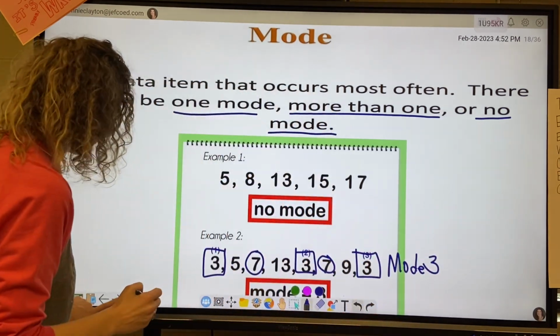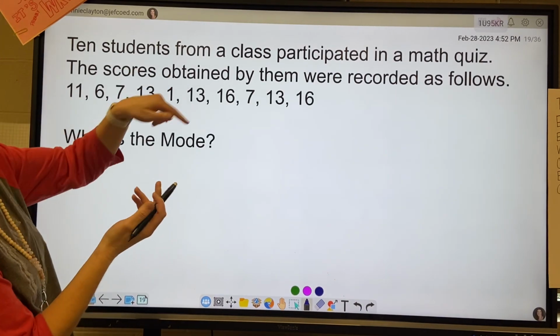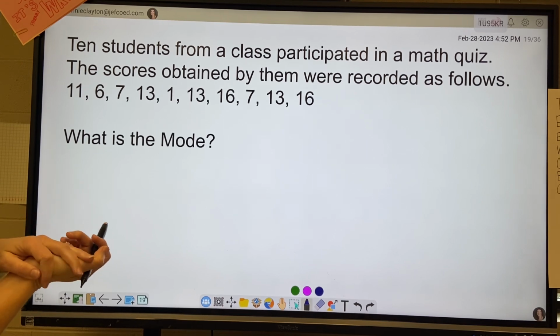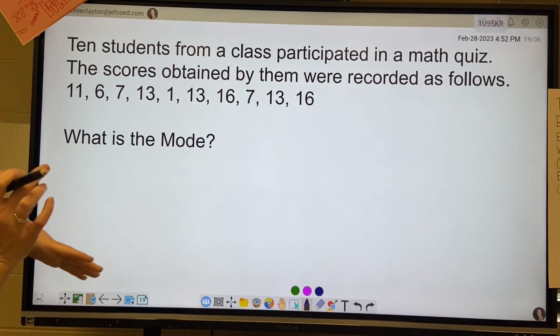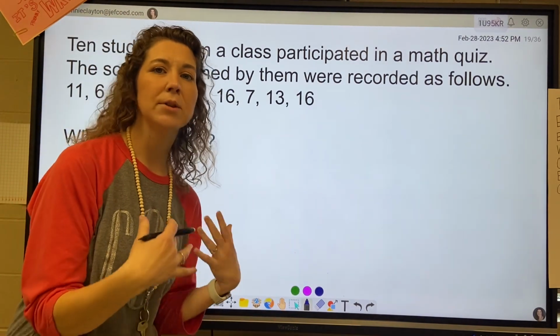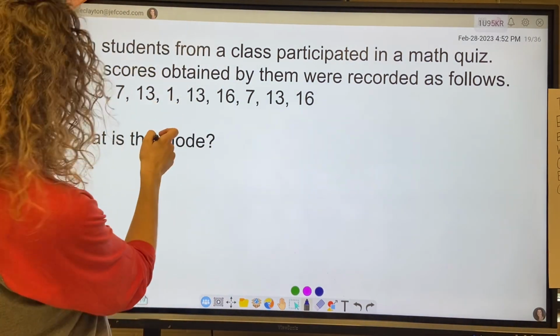Let's do a couple of examples. All right, 10 students from a class participated in a math quiz. Scores obtained by them are recorded as follows. Now this is a math quiz, not a math test, so the scores are probably not out of 100 points because these would be terrible scores if they were out of 100.